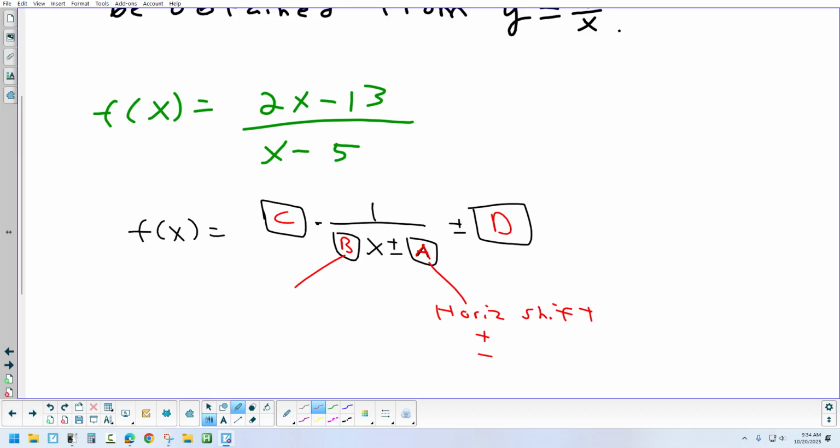You might think positive is right, but horizontal is always kind of backwards. So positive is going to go to the left, negative moves it to the right. If A is the horizontal shift, the only other option for inside here, it's still in the bottom of the fraction, so it's still horizontal, but it's the stretch.